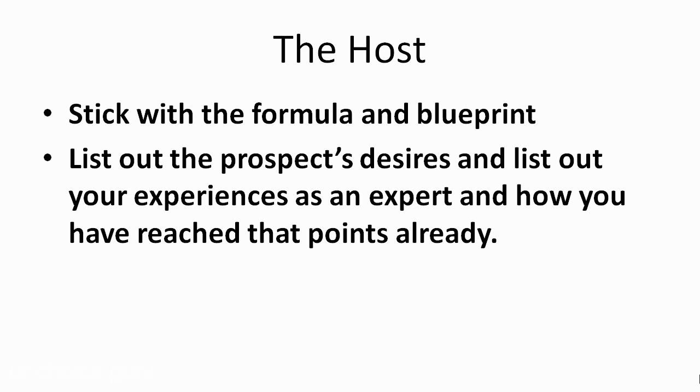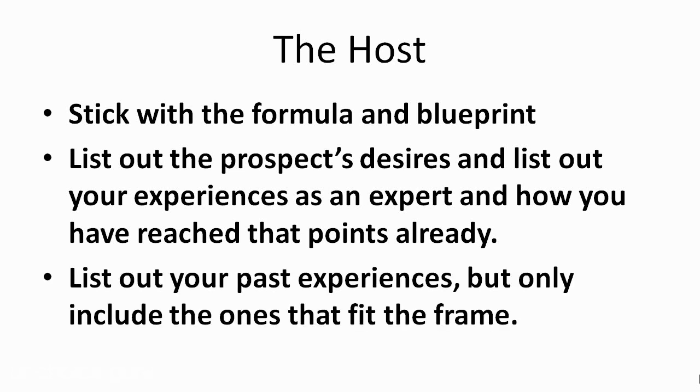So you're being congruent. What I want you to do now is list out your prospect's desires, which you should have already done, and the objections. Then possibly on a piece of paper, on the left-hand side, the desires. On the right-hand side, list out your experiences as an expert or as somebody who has used the product or service as living proof, and how you have reached those points already.